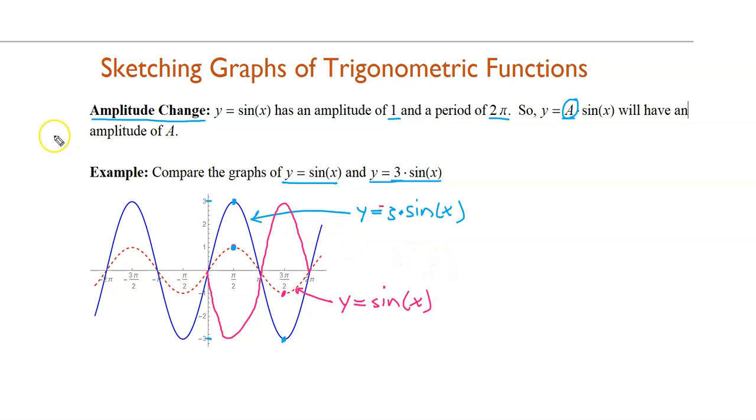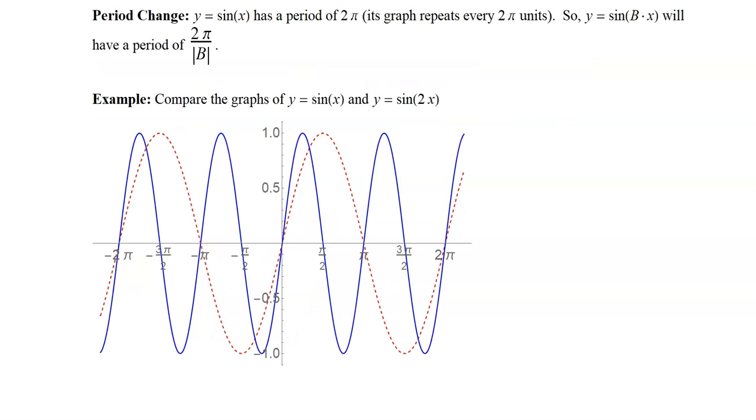Now let's take a look at what we mean by a period change. So to explain the concept of a period change, consider the graph of the function y equals sine x. Now you notice that this function has a period of 2 pi. Now that means that its graph starts repeating every 2 pi units that you move on the x-axis.